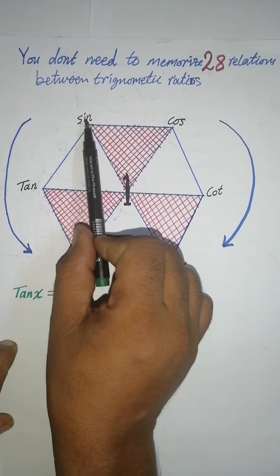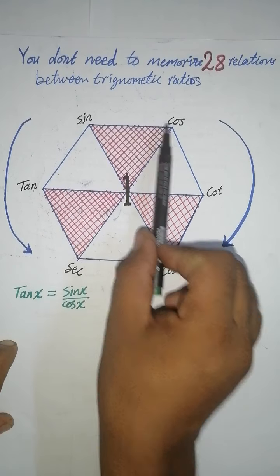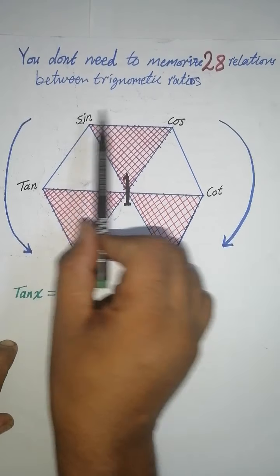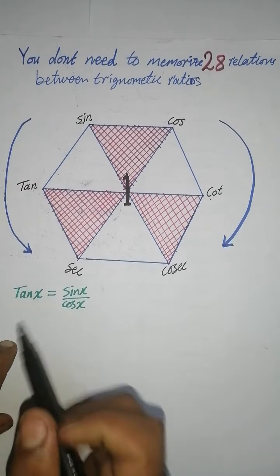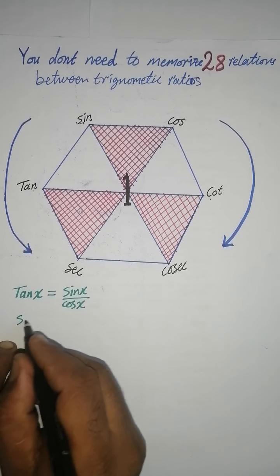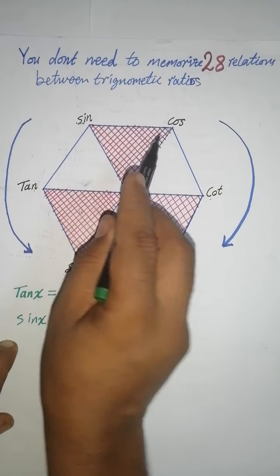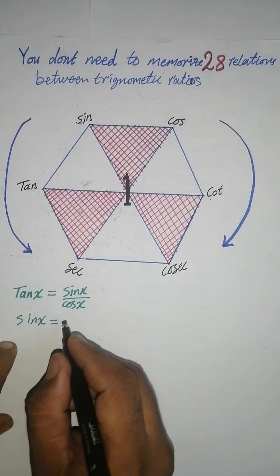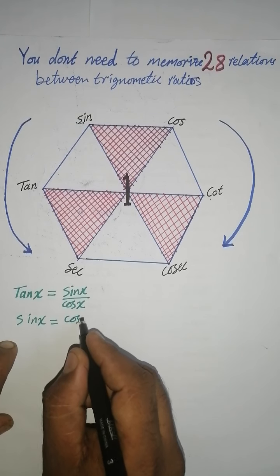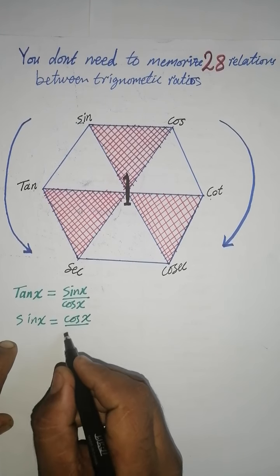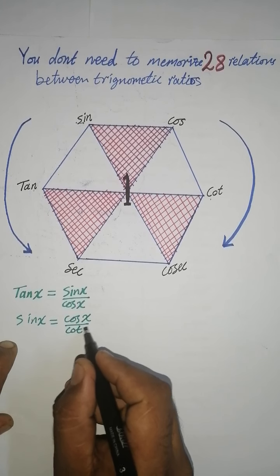Let us try the same thing. Sine, what's coming after it? Cosine and cotan. So sine equals cosine over cotan. Sine x equals cosine over cotan equals cosine x over cotan x.